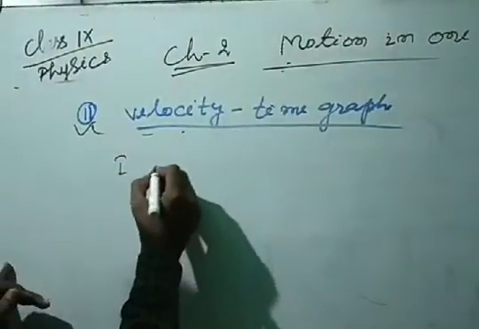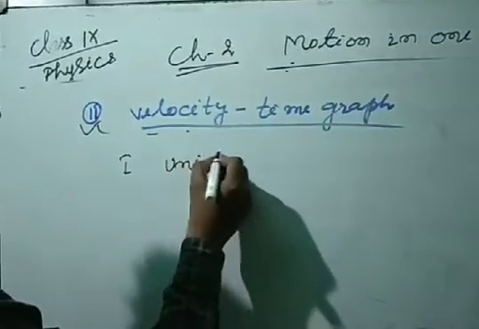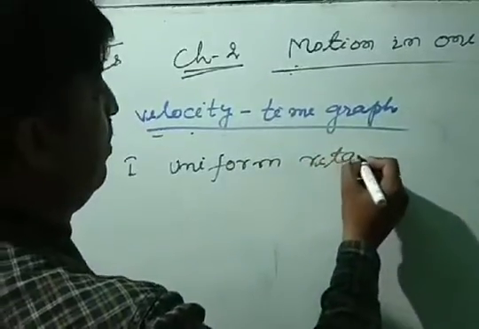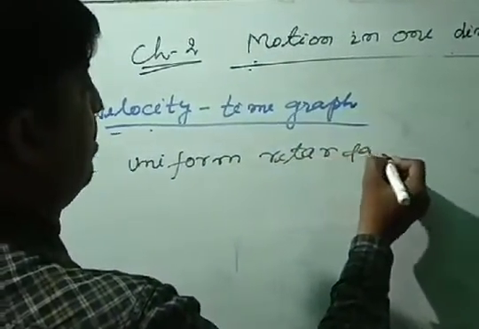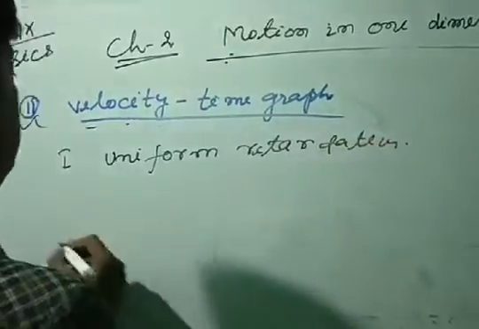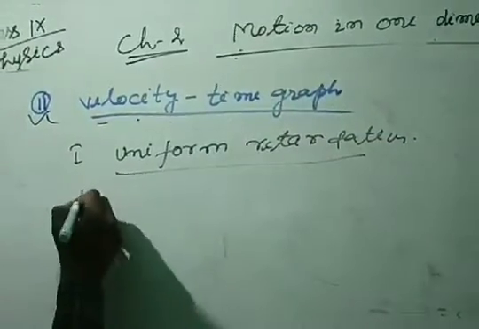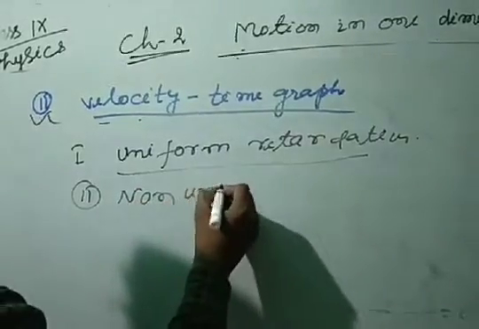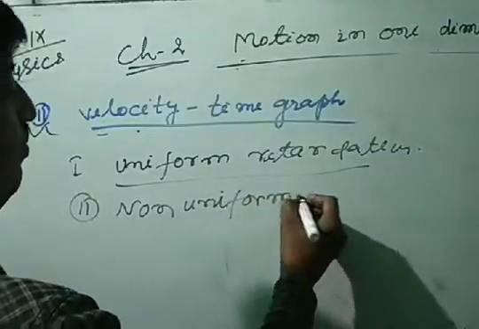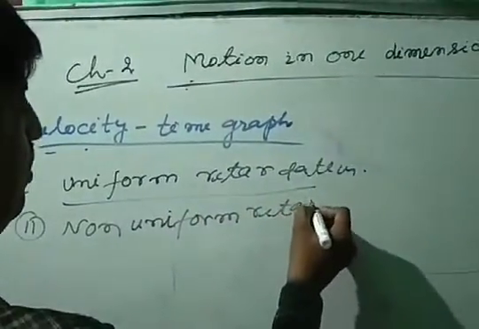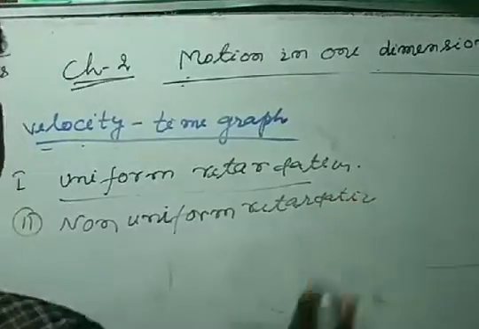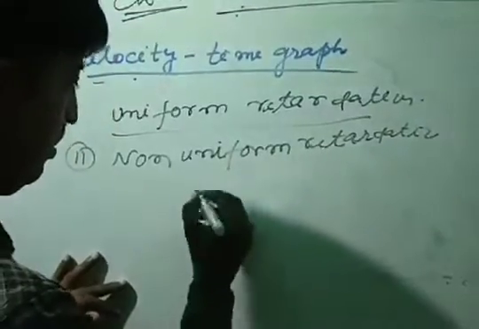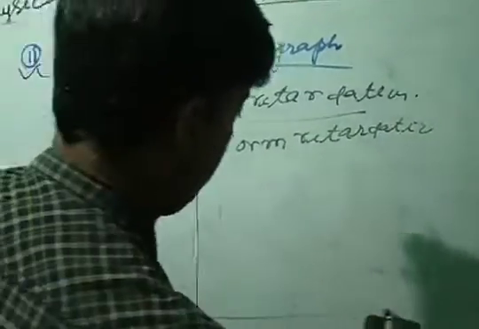First, uniform retardation, and second, non-uniform retardation. In uniform retardation, the graph will be as follows.